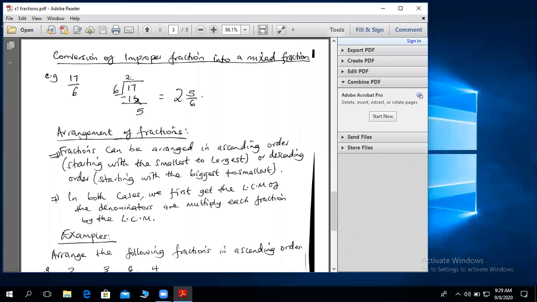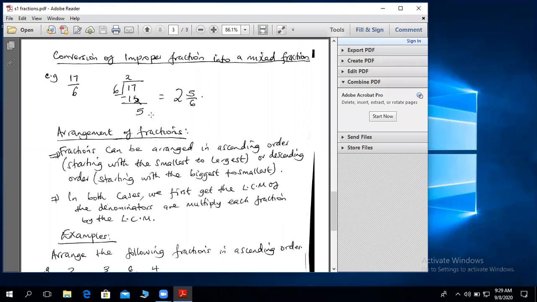So the mixed fraction becomes 2 whole number and 5 out of 6. So I was telling you that 5 is the remainder which remained after subtracting 12 from 17. Yes. It is clear to you now.